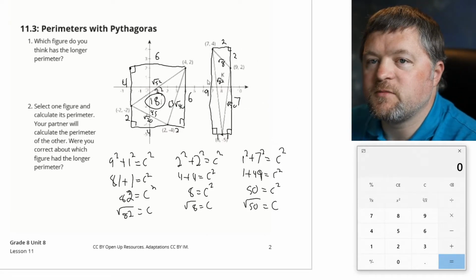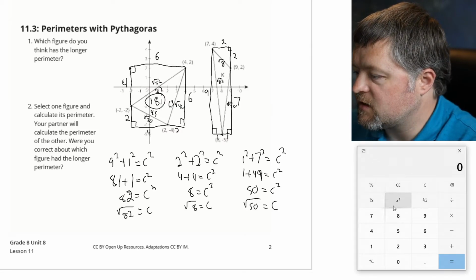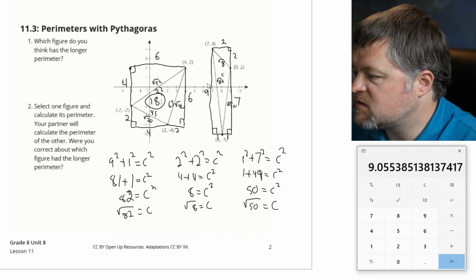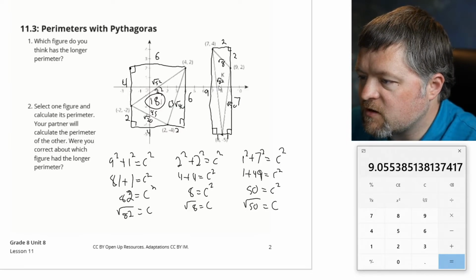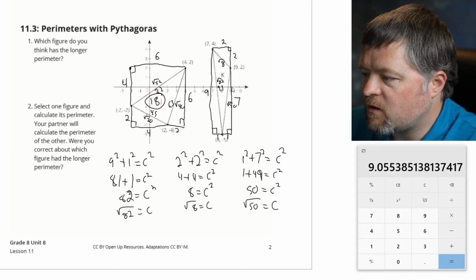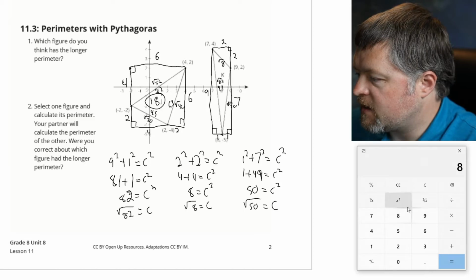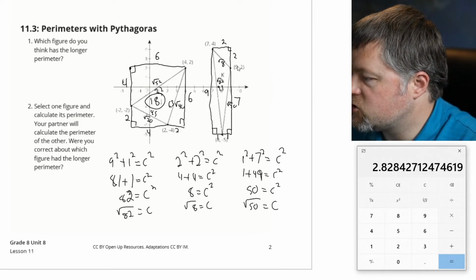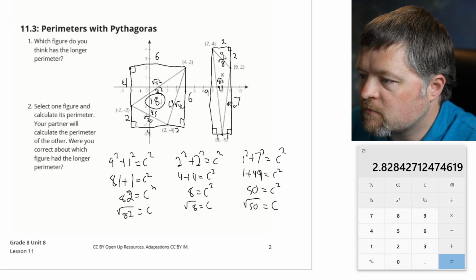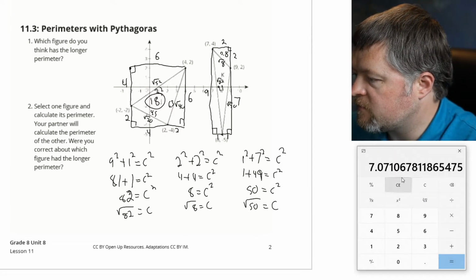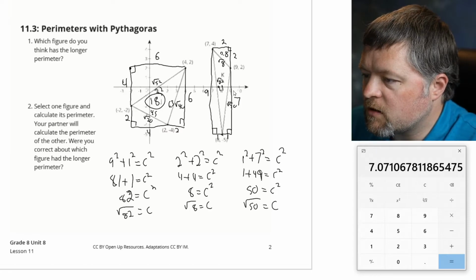Now let's get some decimal values that we can add together a little more easily. The square root of 82 is 9.05, so 9.1. The square root of 8 is 2.8, and the square root of 50 is 7.1.